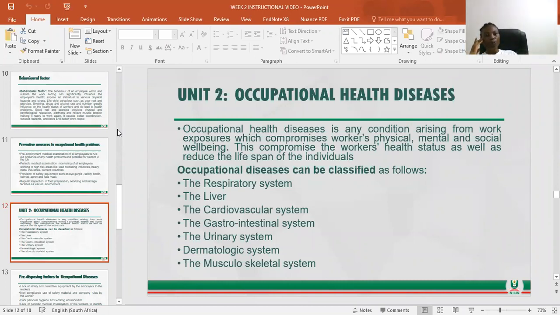Upper respiratory disease and lower respiratory disease. Okay. Bankole, when you say upper respiratory and lower respiratory disease, is that what I heard? Yes, ma'am.